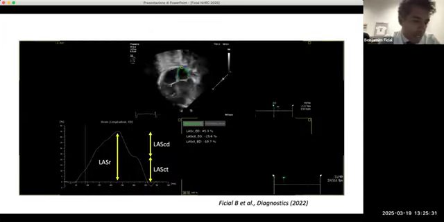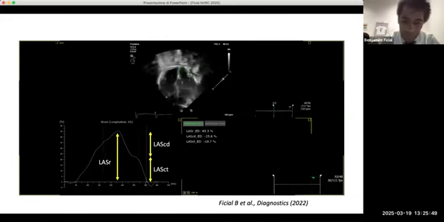Left atrial strain shows all these three phases of the LA, demonstrating a positive longitudinal deformation during the reservoir phase and a negative longitudinal deformation during the conduit and the contraction phases.